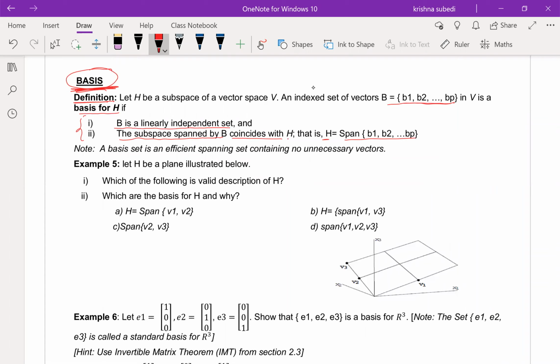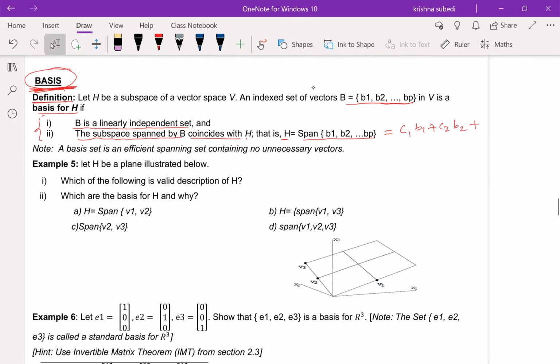What does that mean? Recall from chapter 1, span means we can write these as some linear combination of those vectors. So that means we can write this as c1 b1 plus c2 b2 plus up to cp bp. We should be able to write this in that form.